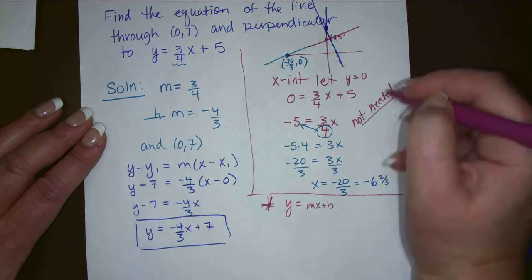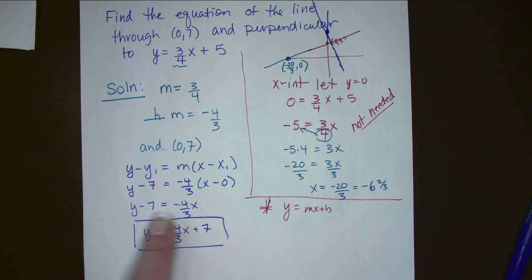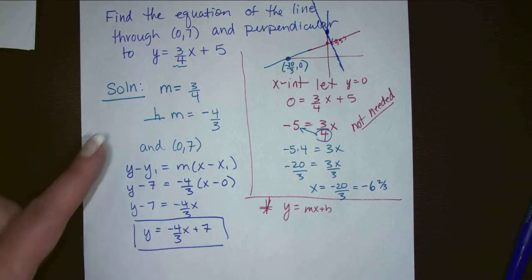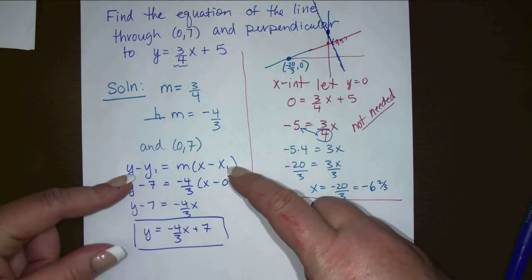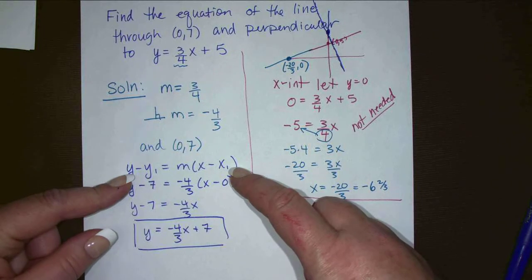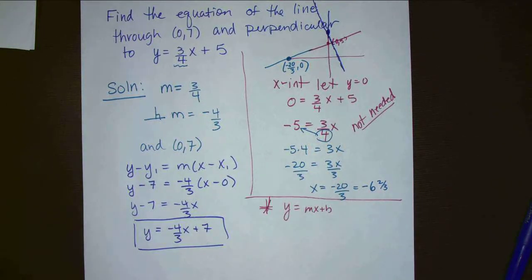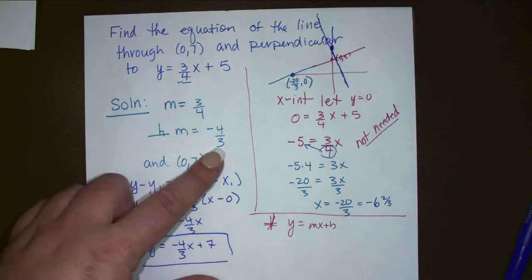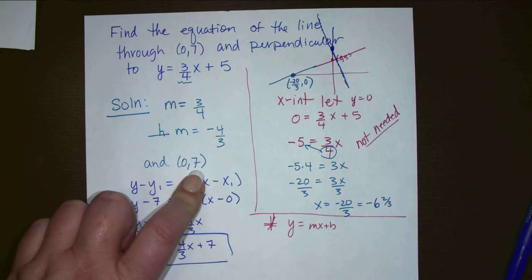Okay, that was not needed, but we just did it for demonstration purposes. Now, I just want to point out, I did this just using my recipe. I said, every time I want to find an equation, you write down this, and you need a point and a slope. What could we have done in this case only? We now have the slope we want, and the point we were given is the y-intercept.